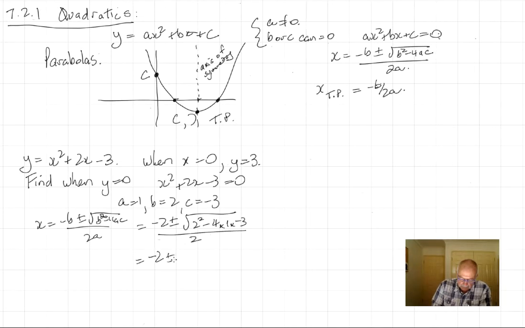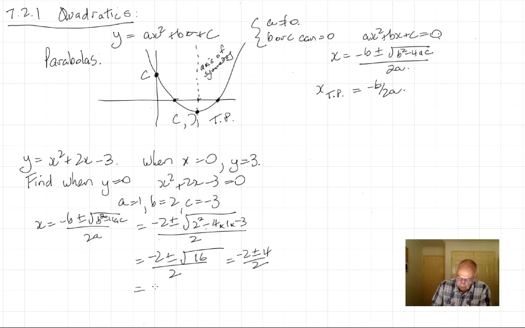Negative 2 plus or minus, now that's the square root of 4, and that is minus negative 12, so that'll be 4 plus 12 is 16, all over 2, equals negative 2 plus or minus square root of 16 is 4, over 2.